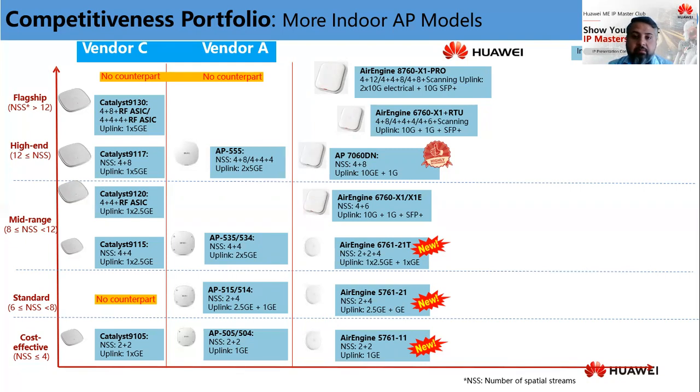In mid-range access points, Huawei has at least two options over here, 6760 and 6761-21 for standard access point. Vendor C has no answer over here, but vendor A has a 2+4 antenna option.